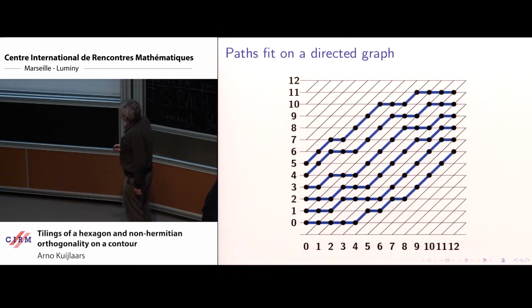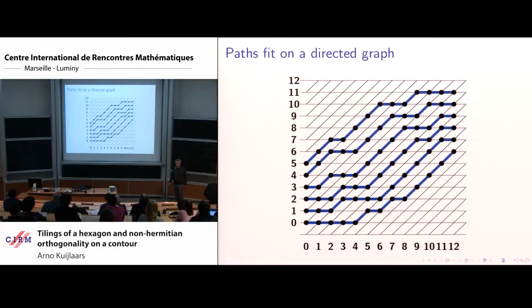And these paths you can then also put on a graph. Here is an example. So this graph is on the integers. The integers are the Z^2. That's the set of the vertices, and you have edges going horizontal or diagonally up. And it's a directed graph, right?